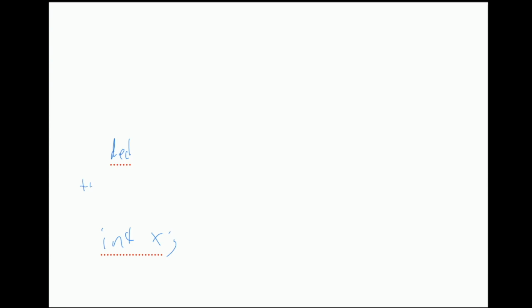We've got type, identifier, and semicolon. So let's say those nodes are already created.